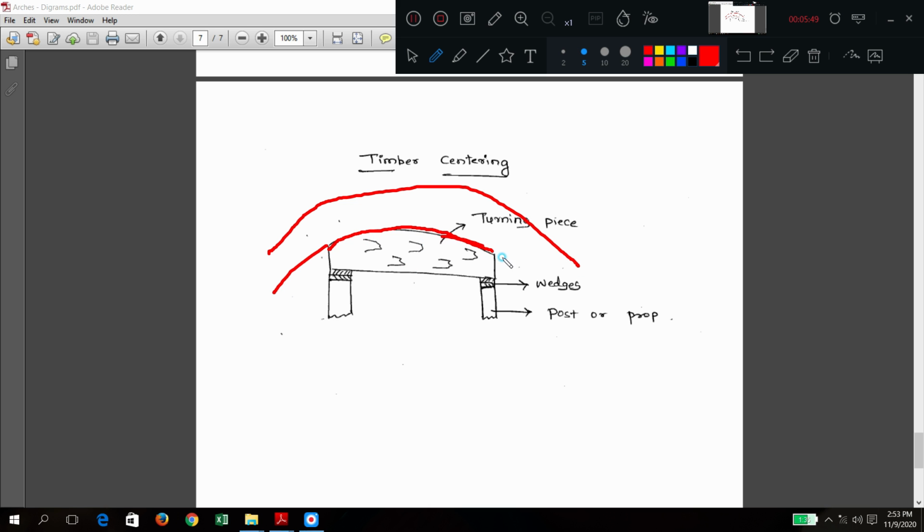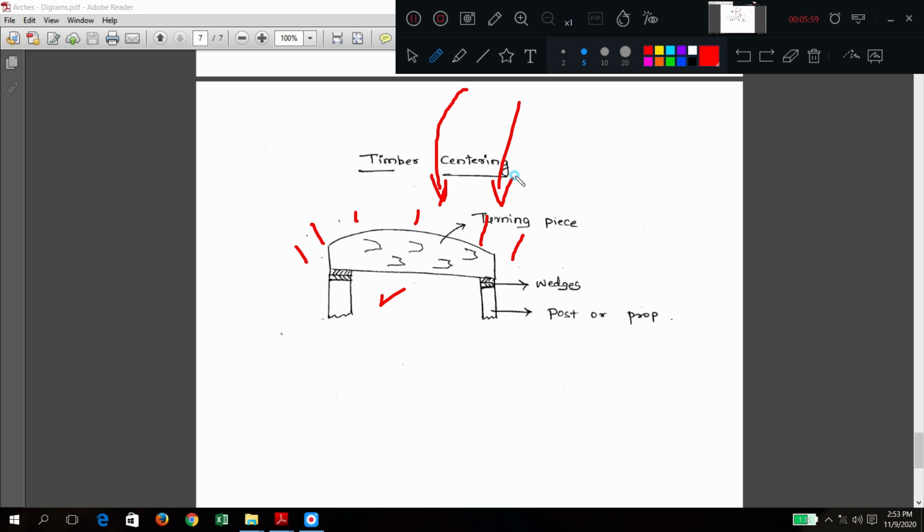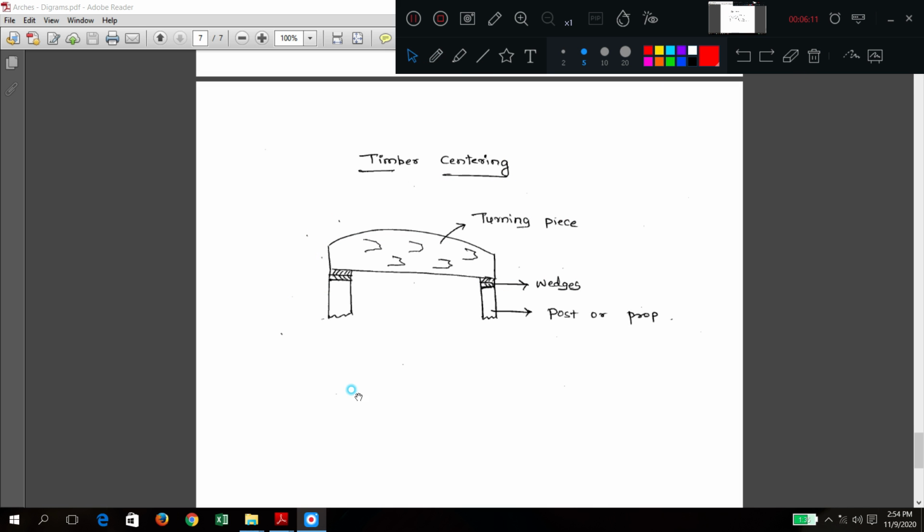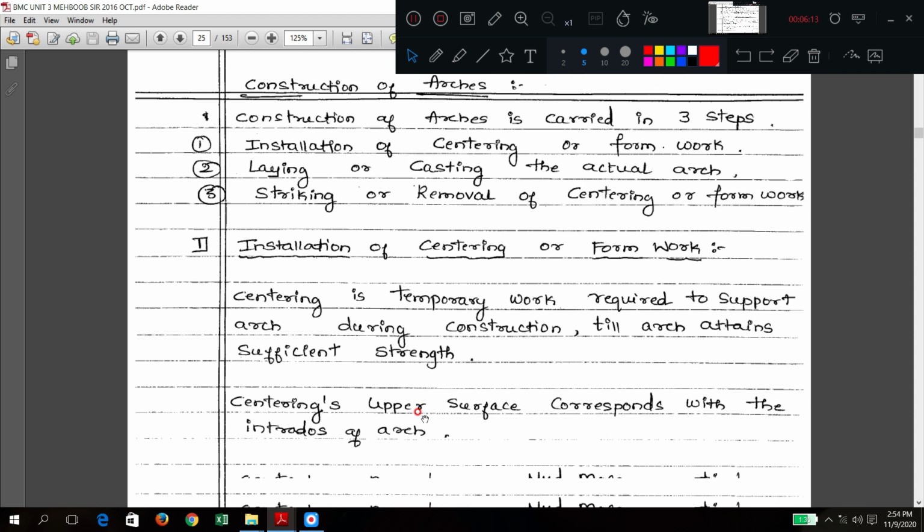That's all. Okay, first this is fixed on the ground and centering, formwork, everything is done. Concrete is poured. Later on, after attaining sufficient strength, this will be taken out. Okay, only the concrete arch is there on the site. So that is what is explained here.